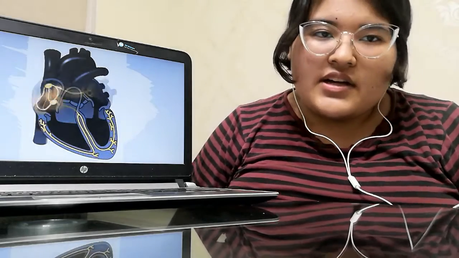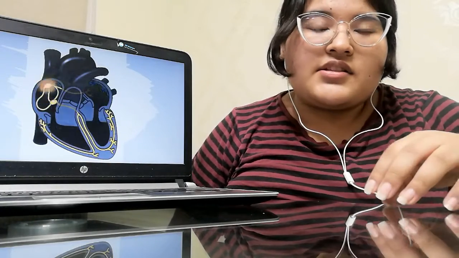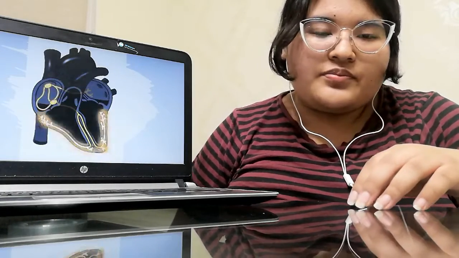Now, the blood enters the right ventricle and then it exits the heart and goes to the lungs. In the lungs, the blood turns into oxygenated blood again, and it's ready to go back to the heart. Back to the heart, we have a left atrium, and then the blood enters the left ventricle.